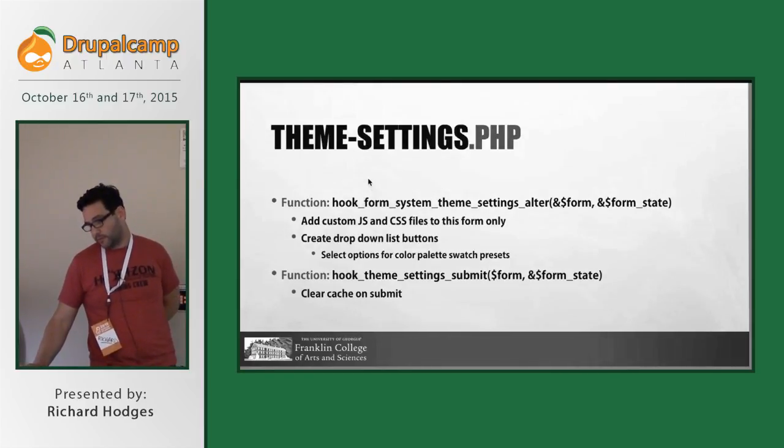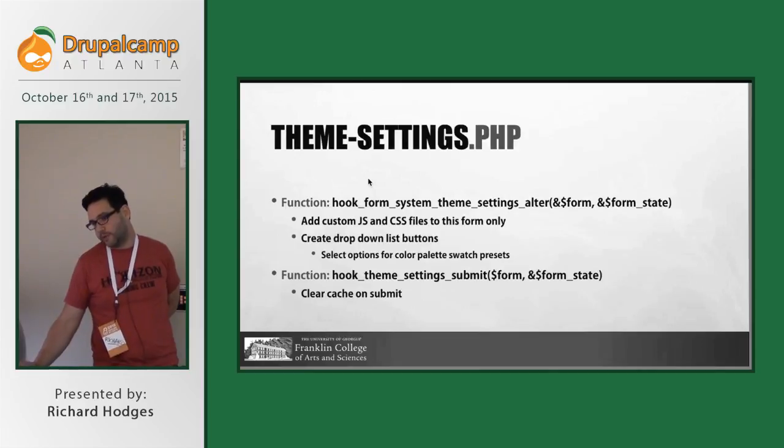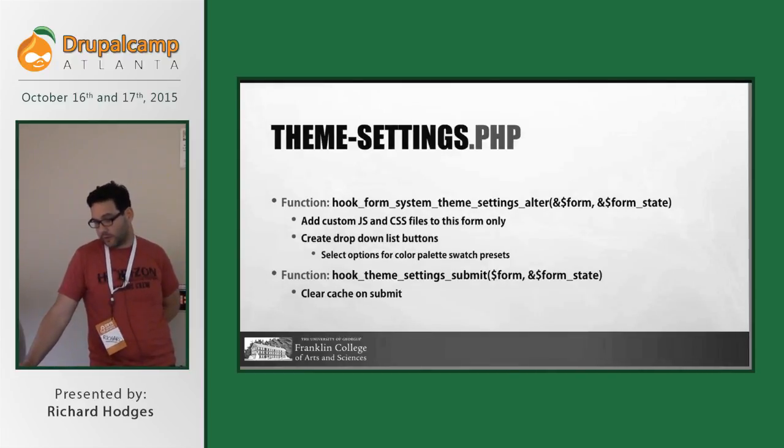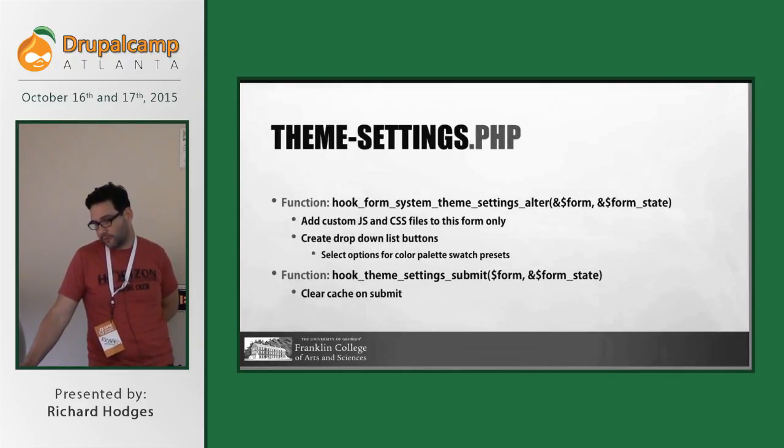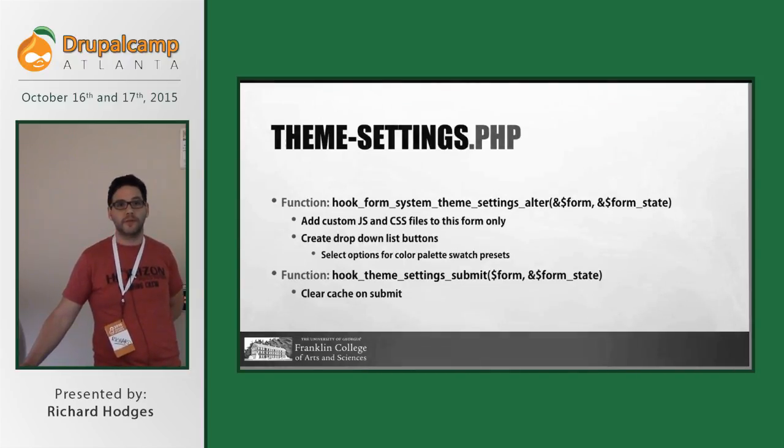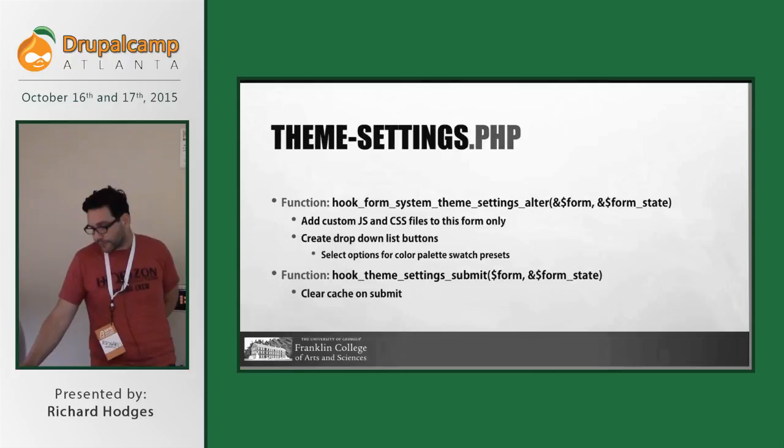The two PHP files that we're interested in are theme settings.php and template.php. Template.php does the most work. Theme settings just kind of provides you with a setup for the buttons and the drop downs.